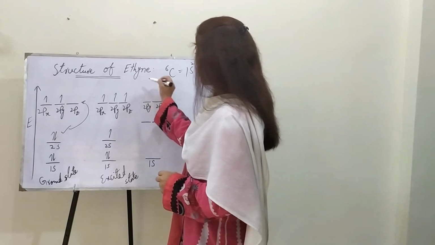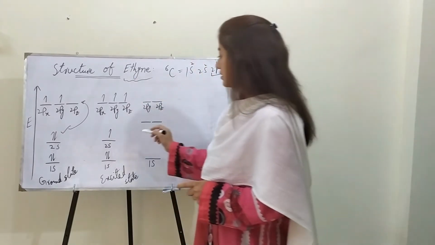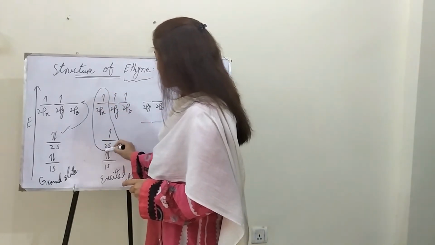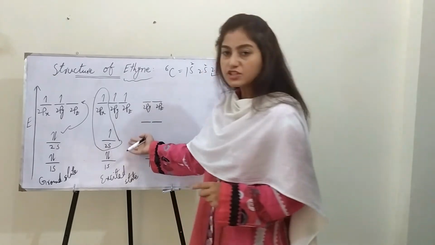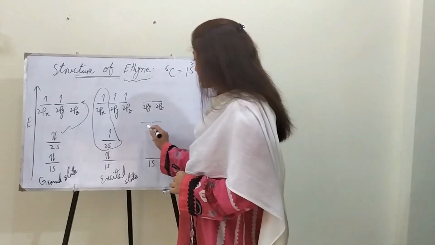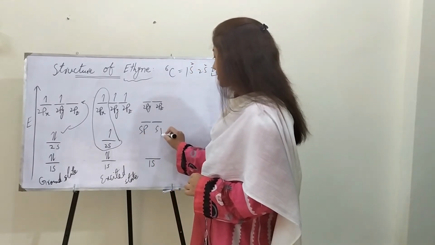Now what happens in the case of ethyne? Only 2s and 2px orbitals would intermix to form 2 hybrid orbitals that would be represented as sp.